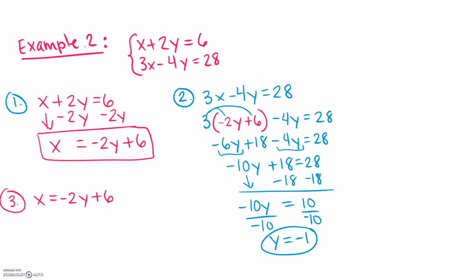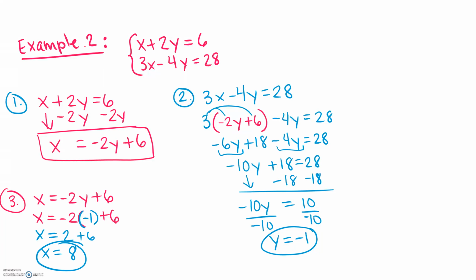If we substitute y as negative 1 into this equation, we'll find out what x is. So we have negative 2 times negative 1 plus 6. Negative 2 times negative 1 gives us a positive 2, plus 6. So x is equal to 2 plus 6, which is 8.